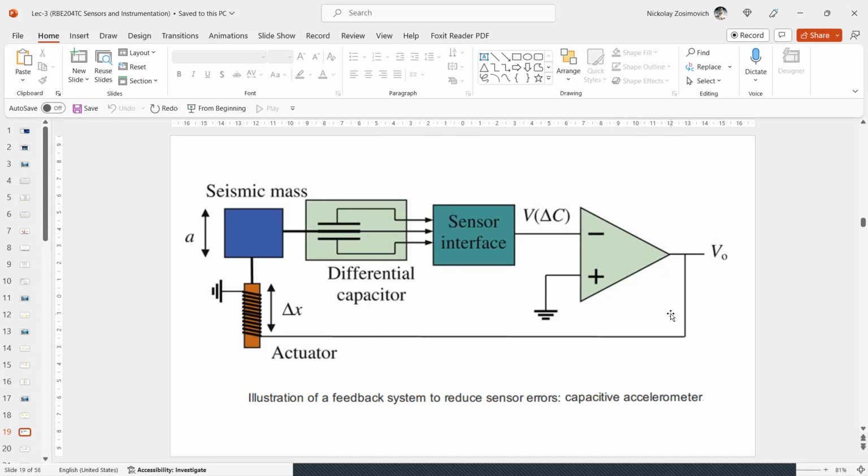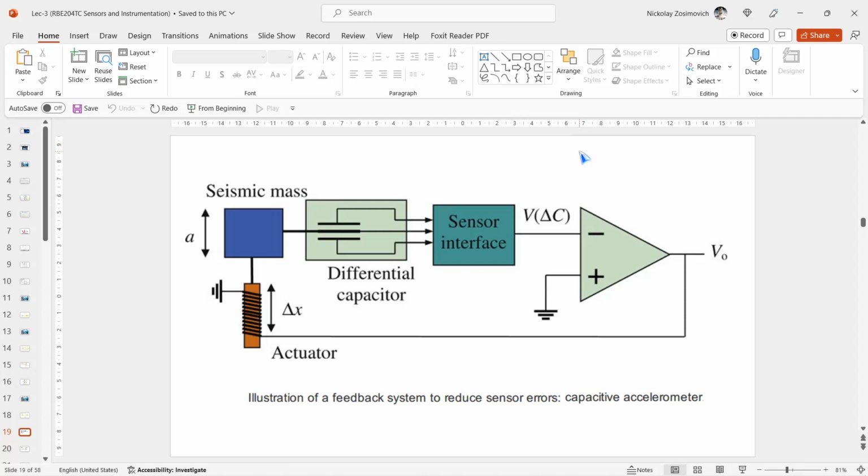A displacement of the seismic mass M results in a capacitance difference delta C. This value is converted to a voltage which is compared with the reference value, and here this value in our case equals 0.